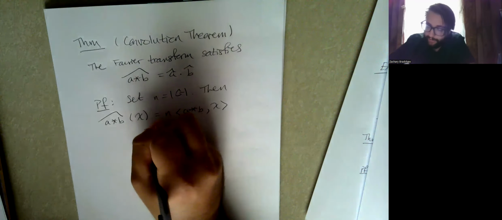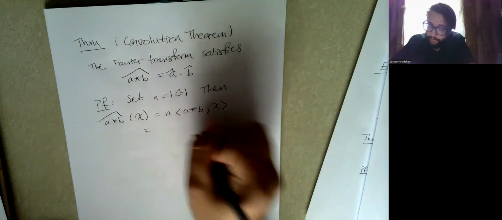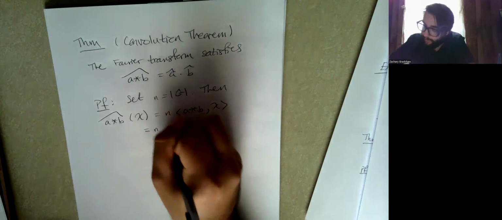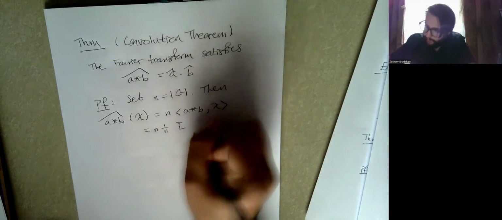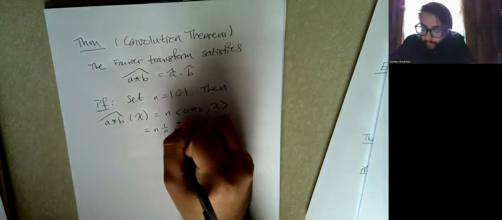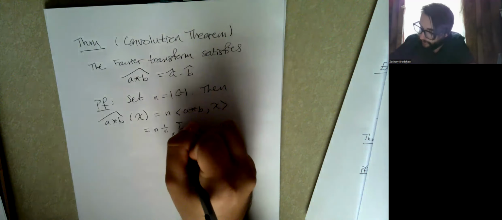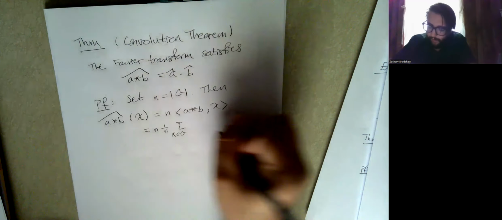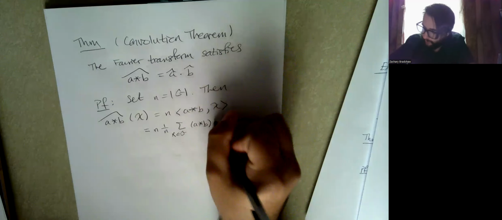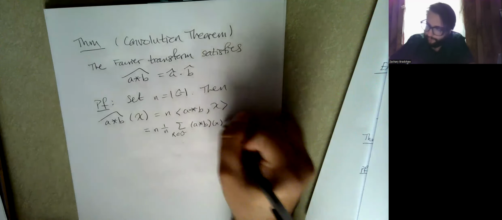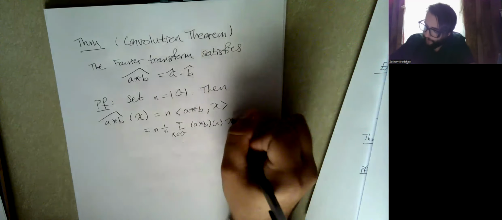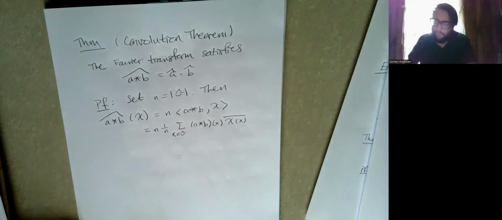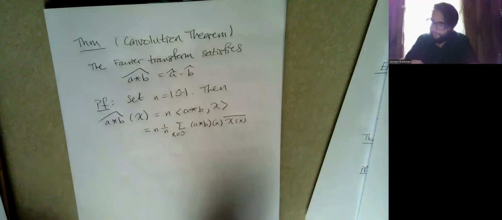And now I apply the definition of the inner product here. This is n times 1 over n, the sum over, that should be an x in G, of the convolution of a with b evaluated at x, chi evaluated at x, complex conjugate. So that's the definition of the inner product.